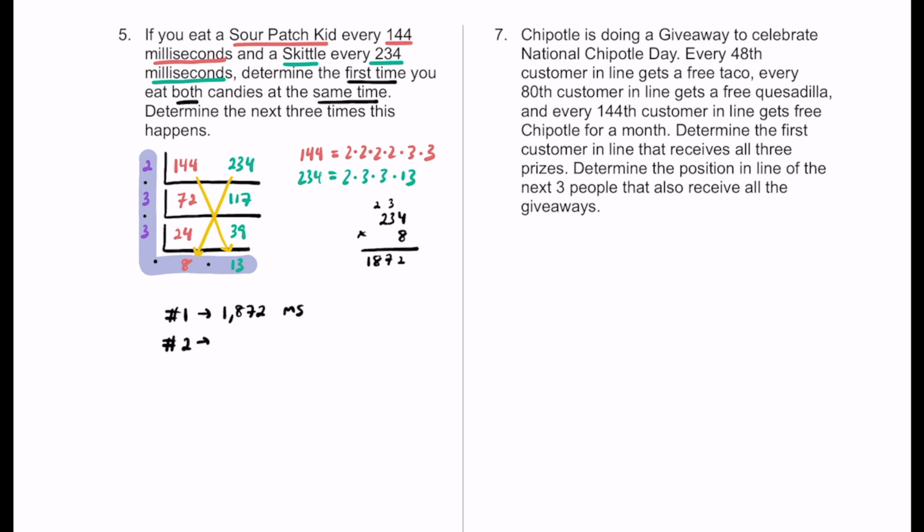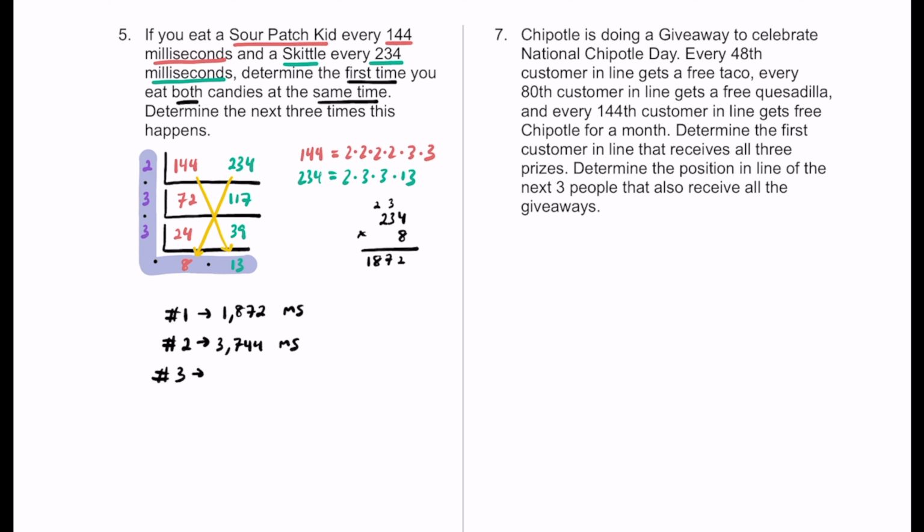The second time this is going to happen, we should take 1,872 and then multiply that by 2, or just add another 1,872. I think if you add another 1,872 or multiply by 2, that should be 3,744 if I'm not mistaken. And then for the third time, that should be another 1,872.